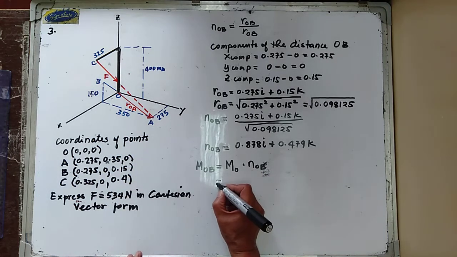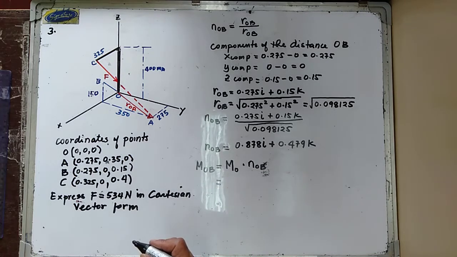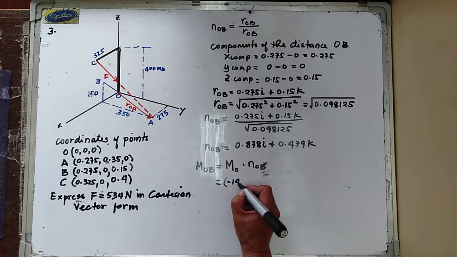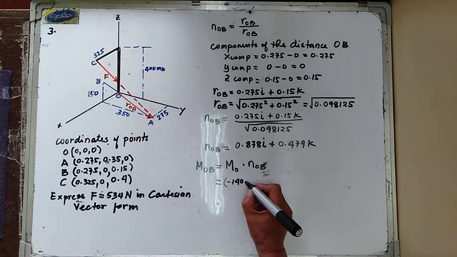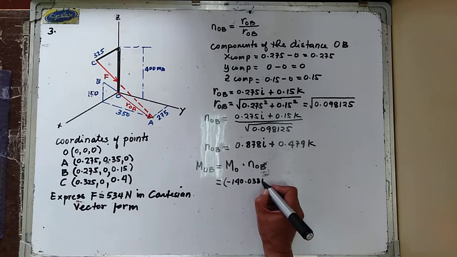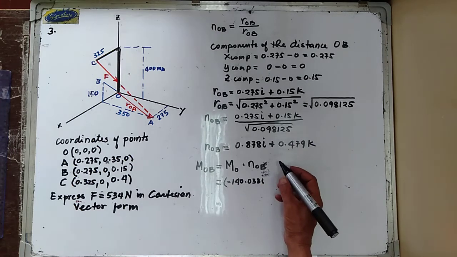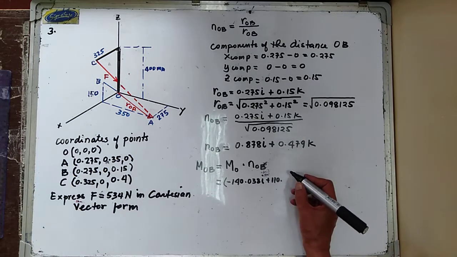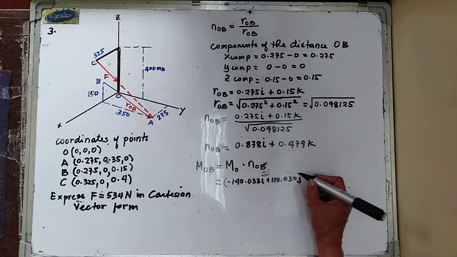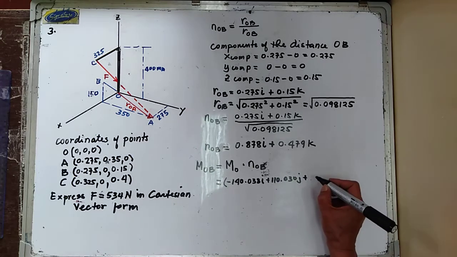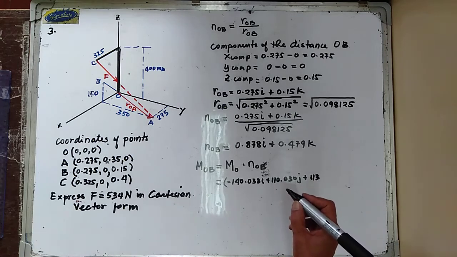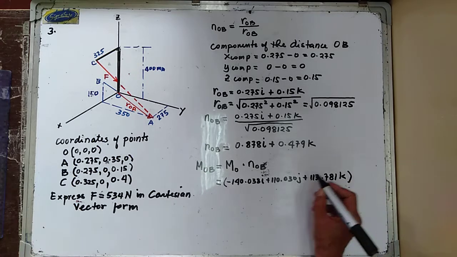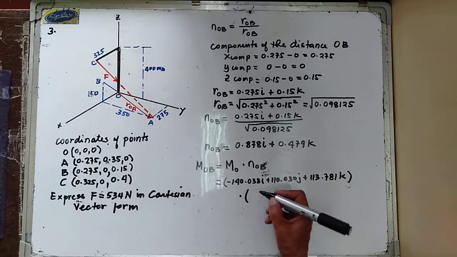So your moment about point O is equal to negative 140.038I plus 110.030J plus 113.781K.